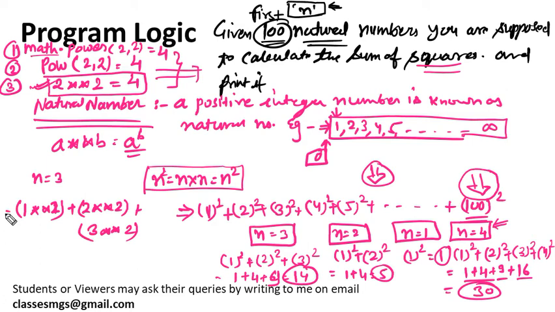Okay, this is the information we want. If you apply it, 1 square will be 1, 2 square will be 4, 3 square will be 9, and the sum will be 14.